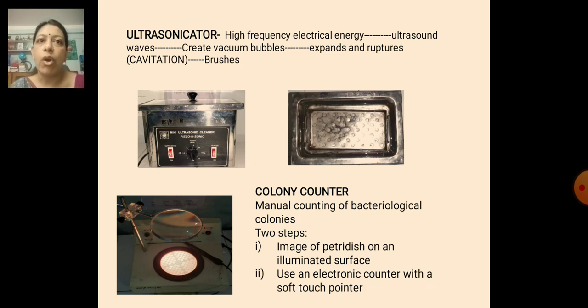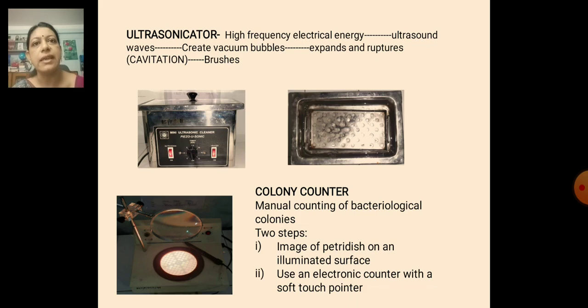As we had said, all substances, all materials, everything should be sterile. Secondly, when we take any apparatus, especially small glass apparatus, it should be properly cleaned. For that, the ultrasonicator is an instrument used in the microbiology laboratory.